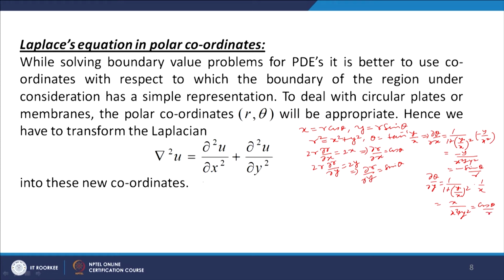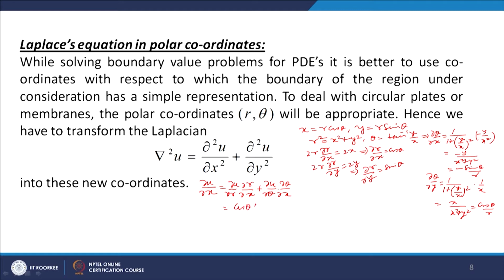Let us now write the partial derivative of u with respect to x. So, this is del u over del r into del r by del x, plus del u by del theta into del theta by del x. I can put the value del r by del x is cos theta.